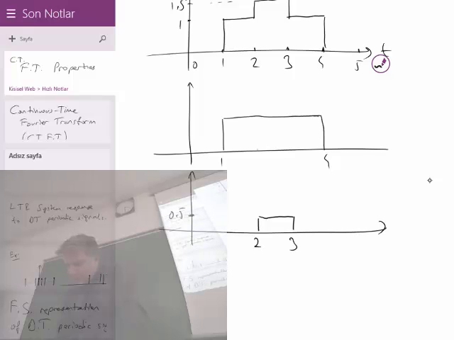The peak is 0.5 here, the peak is 1 here on the same time axis, right? If you combine the later two rectangles, the top figure will be obtained.